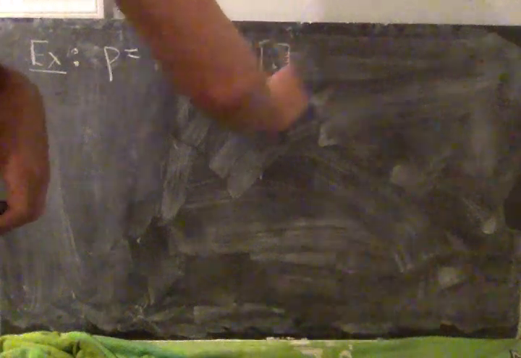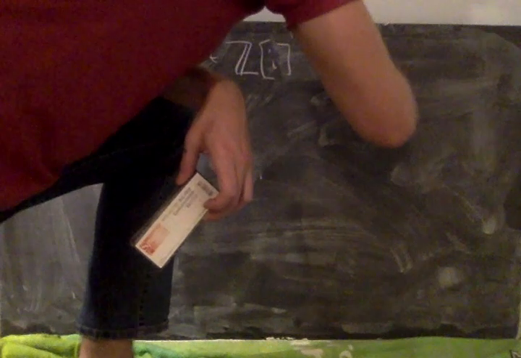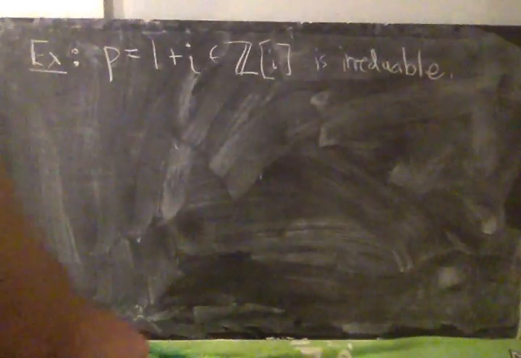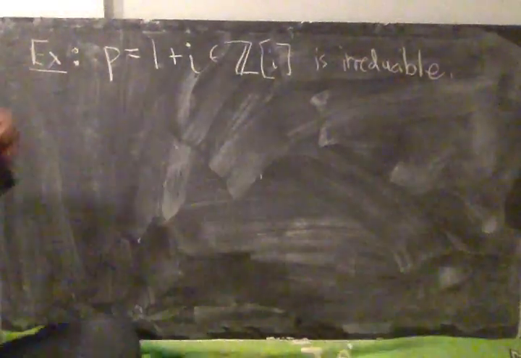So I claim that 1 plus i in the Gaussian integers is irreducible. Okay, and how do I do this? Let's see.